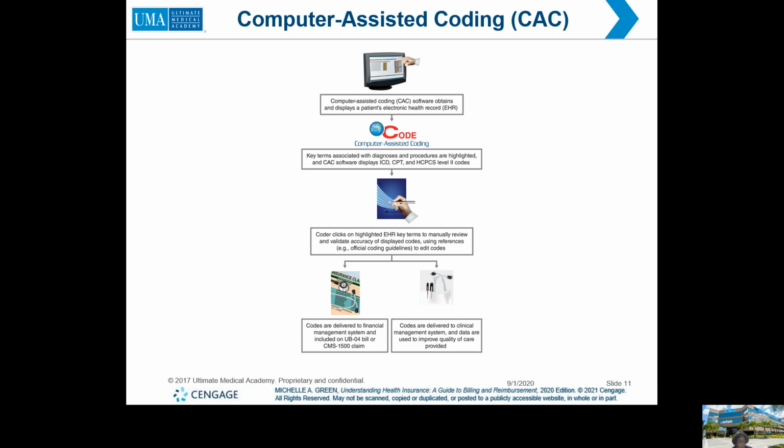Computer assisted coding. Woo, yay, everybody clap. Out in the real world industry, there's computer assisted coding, which is probably built into the clinical management system, part of the EHRs, which are electronic health records. So you would start clicking on what your diagnosis is, particular codes, and you would go through a different set of menus, and then it will give you some suggestions.